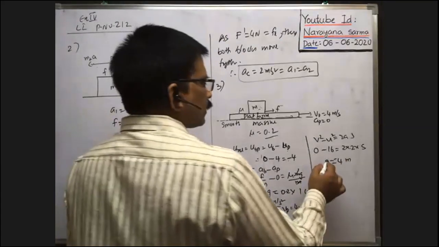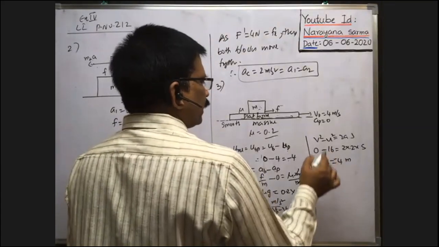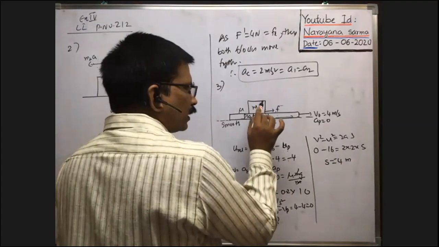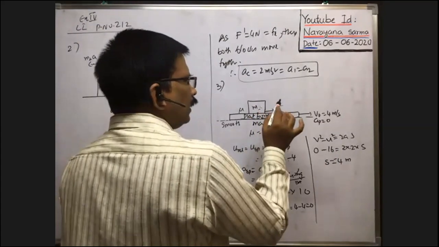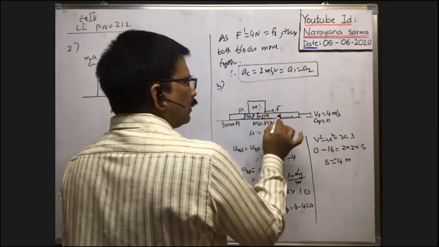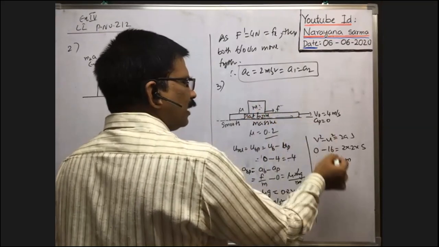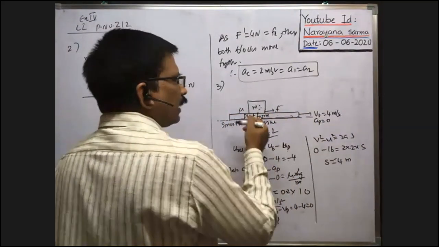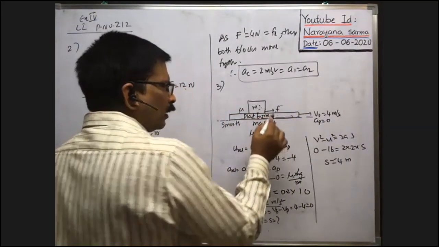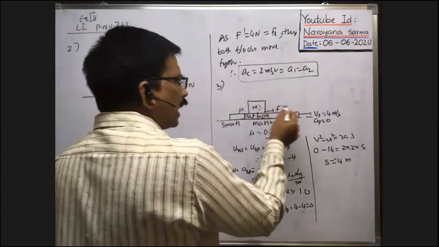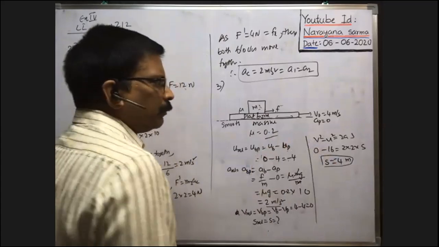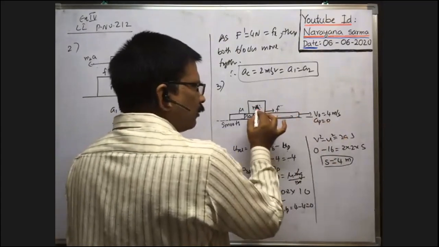So minus 4 represents, before the block stops slipping, with respect to the block, the plank travels a distance equal to 4 meter in the backward direction. It travels in the forward direction, travels in the backward direction. That means with respect to the platform, the block seems to be traveling in the backward direction. That is the minus, that's why the minus sign is there. Because one is traveling at more velocity, the other at less velocity.